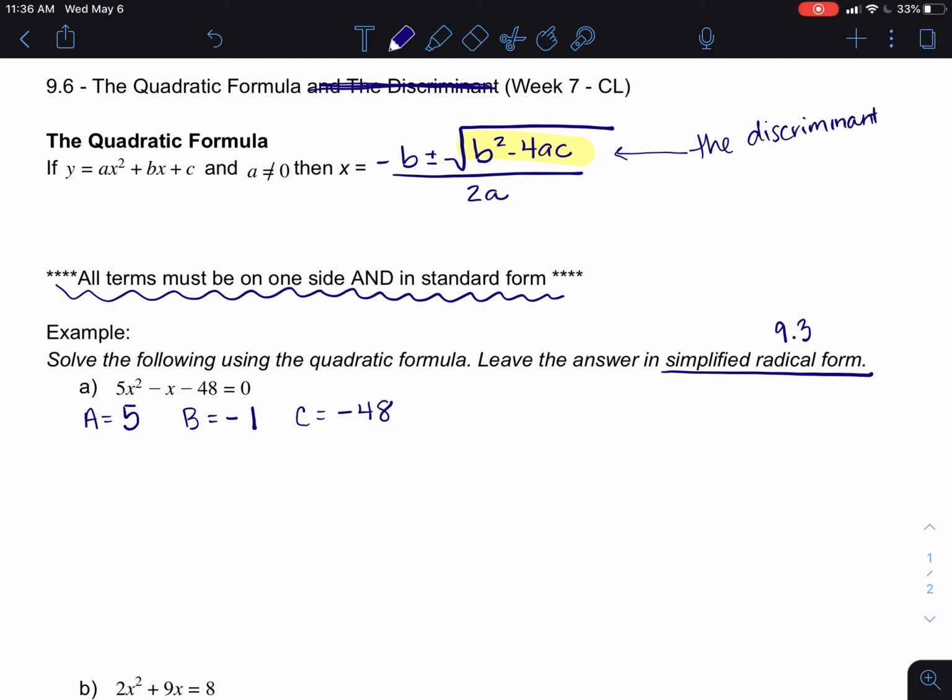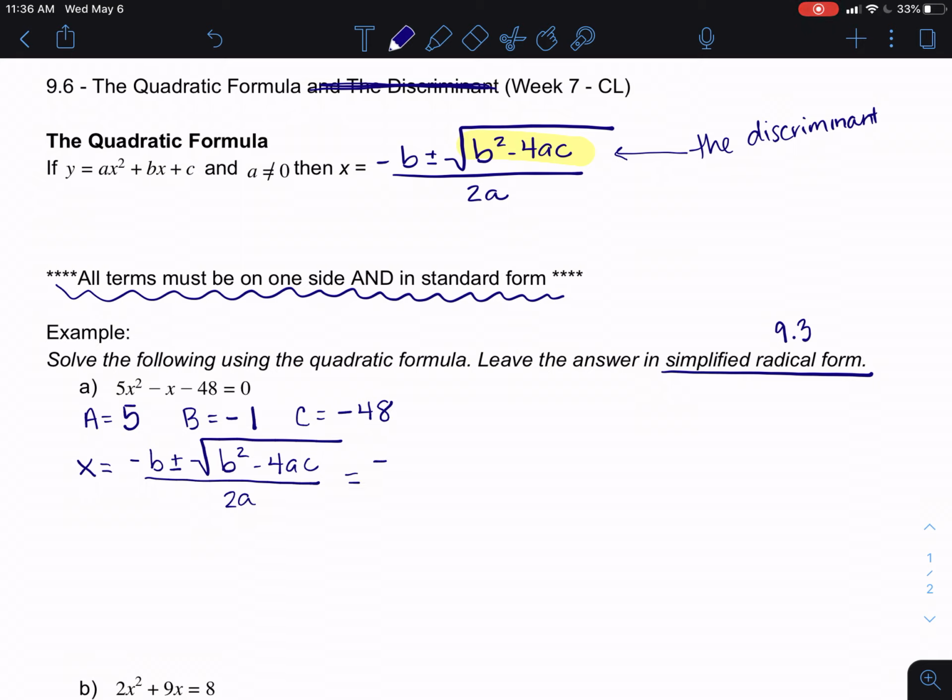So if we plug in, I'm going to start off with always rewriting our formula because we want to make sure that we memorize this. So negative b plus or minus the square root of b squared minus 4ac all over 2a. And now we're going to plug in.